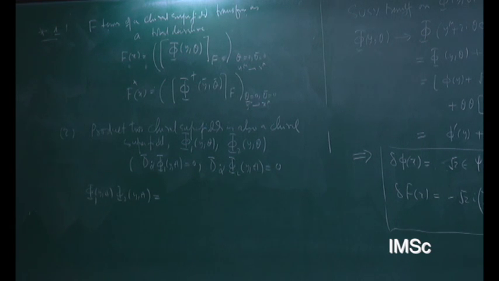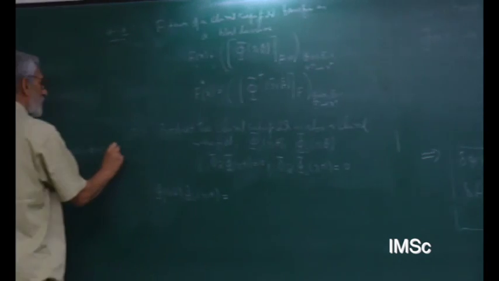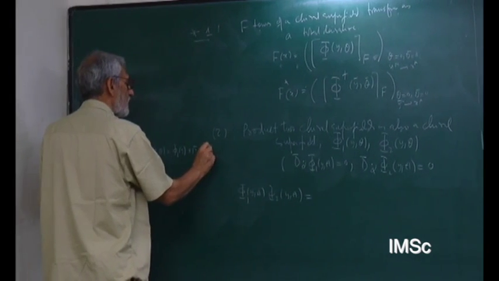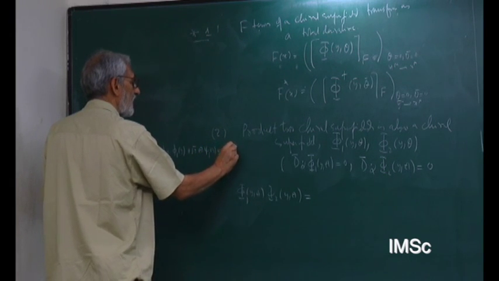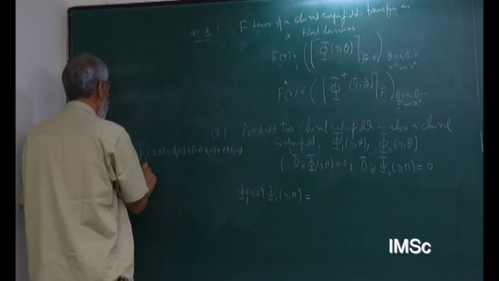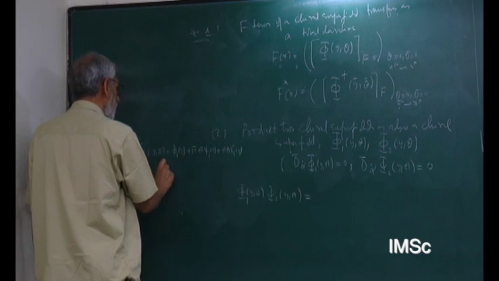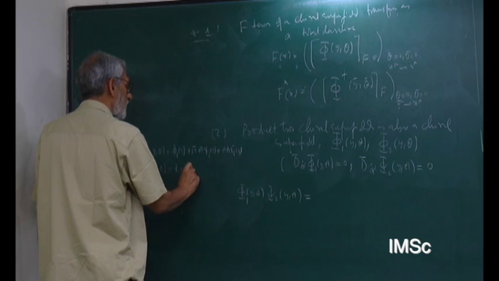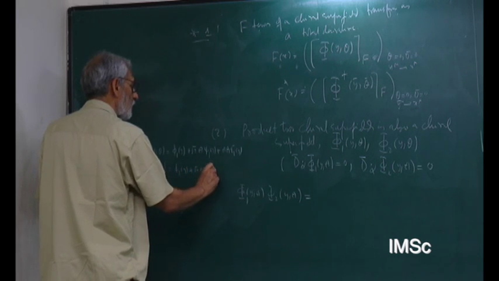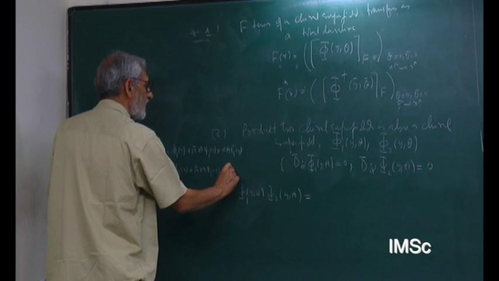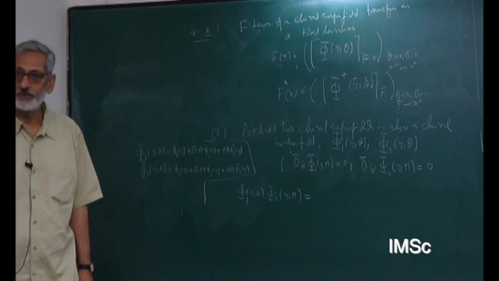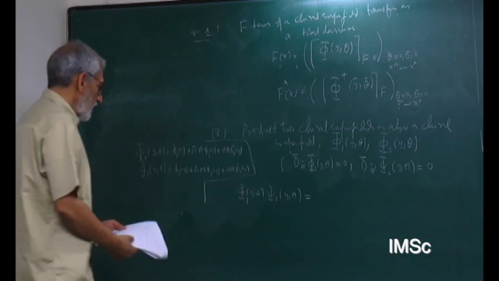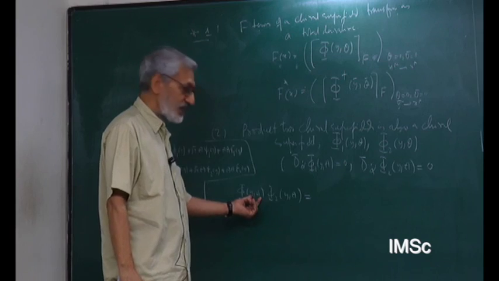Now phi 1 of y, theta in the long hand I can write as phi 1 of y plus root 2 theta psi 1 of y plus theta theta F1 of y, and phi 2 of y, theta as phi 2 of y plus root 2 theta psi 2 of y plus theta theta F2 of y. Now, this is a function of y and theta, this is a function of y and theta.